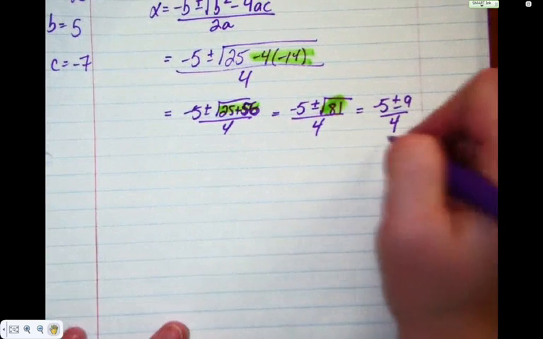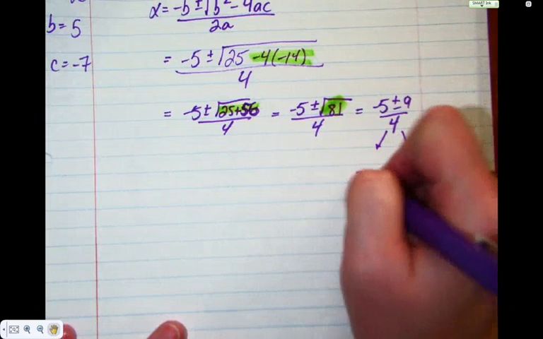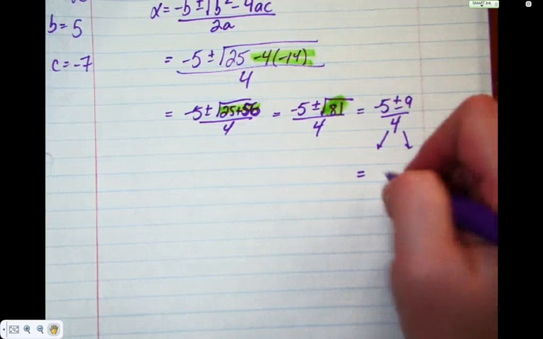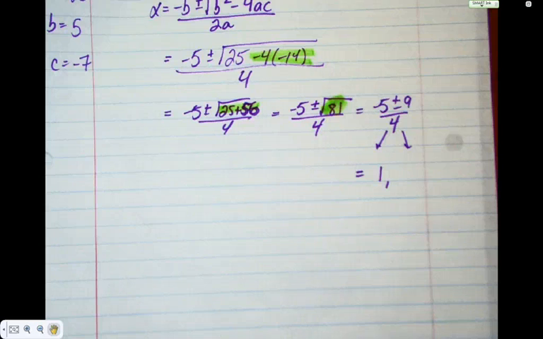And then this one I'm going to split because they're both numbers, and instead of radicals, we can just split them. So minus 5 plus 9 divided by 4. Minus 5 minus 9, negative 14 divided by 4.